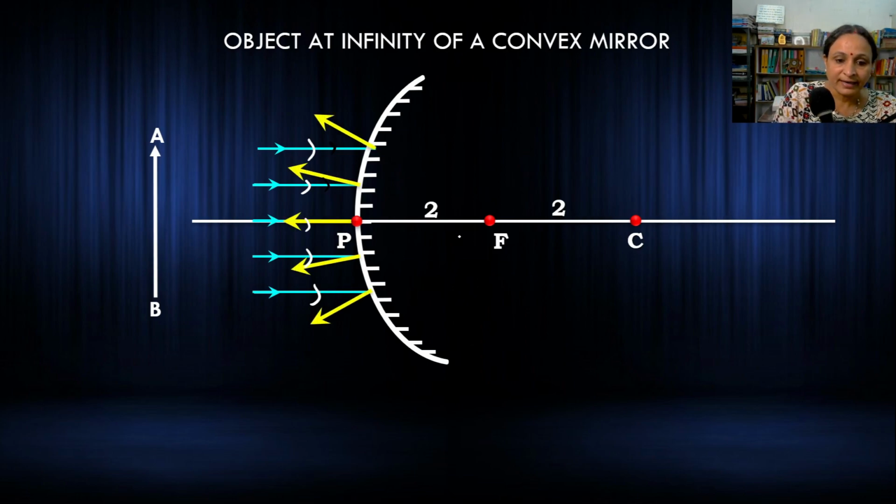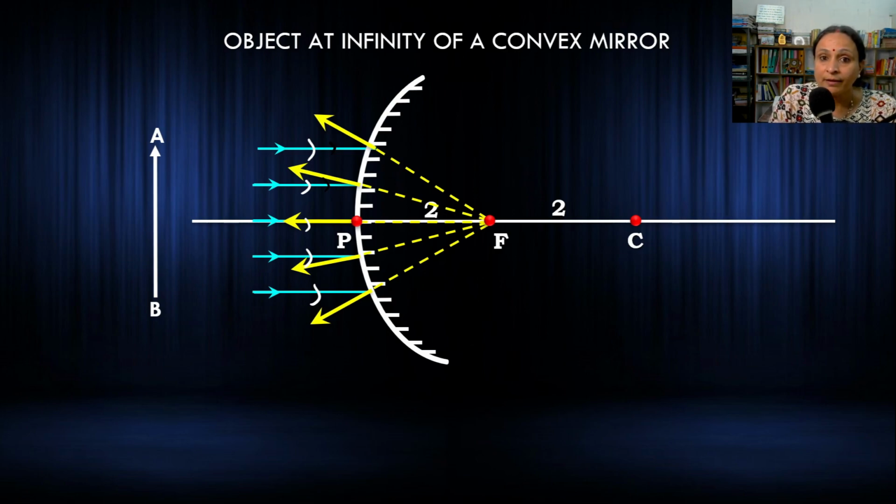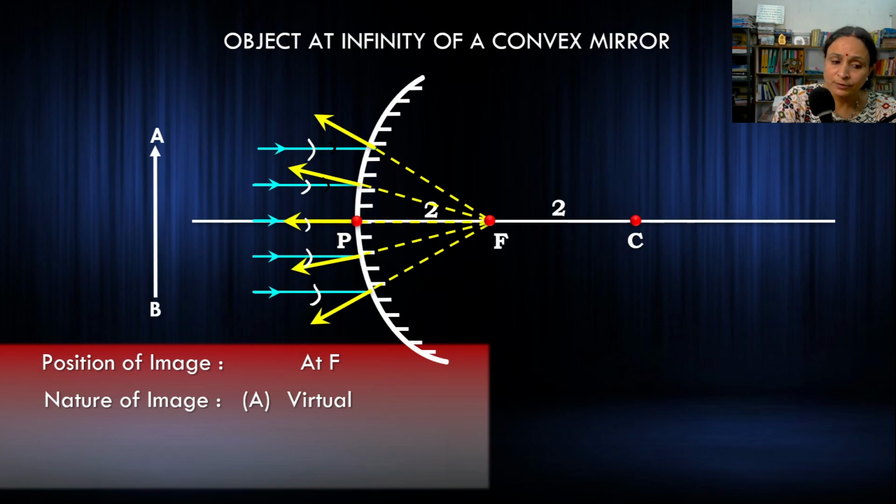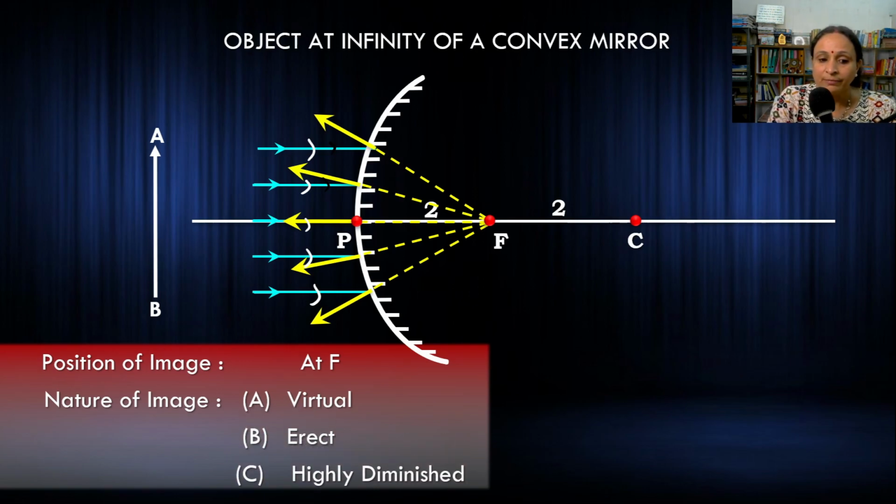If these rays are extended back, they will appear to meet at the focus. Actually not meeting, but appear to meet at the focus. So where is the image formed? The image is formed at the focus, right? So this is the first case. Position of the image is at F, nature of the image is virtual and erect, and the size of the image is highly diminished.